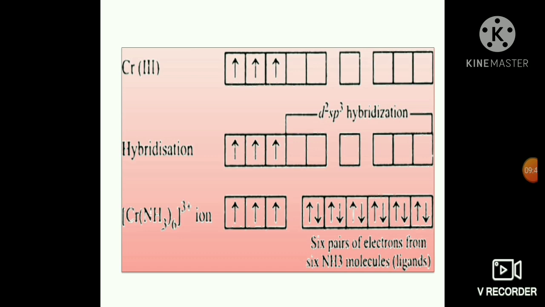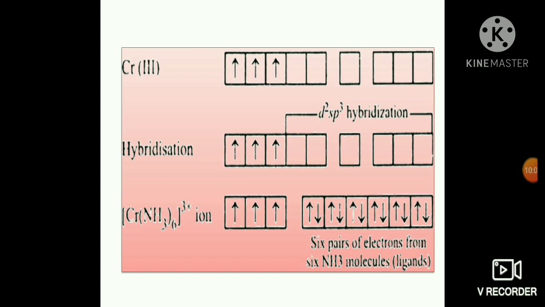So now we have 6 empty d2sp3 hybrid orbitals, and these 6 empty d2sp3 hybrid orbitals are occupied by the electron pairs donated by 6 ligand molecules, each donating one lone pair. Understood?